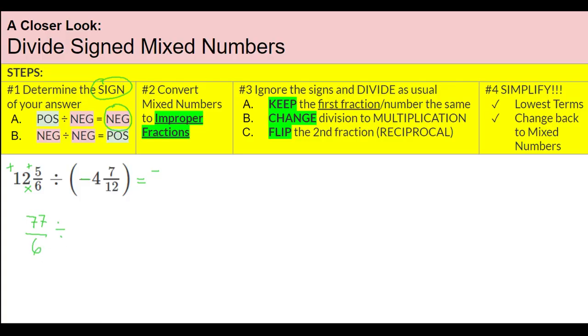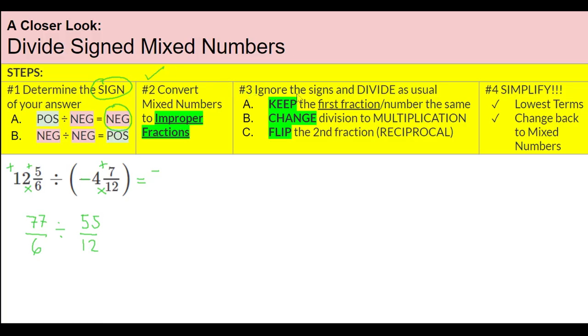Let's keep it as division right now. Next I'm going to do 12 times 4 plus 7. 12 times 4 is 48. 48 plus 7 will give me 55. So I get 55 over 12. I just changed both of these to improper fractions. That's step 2 done.